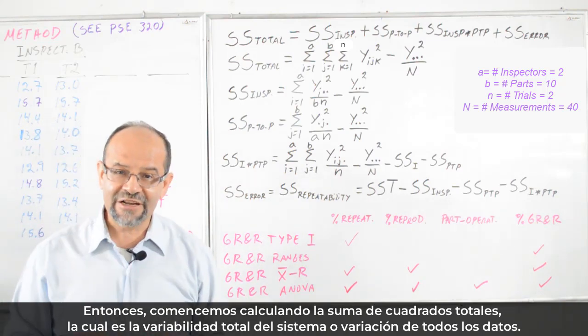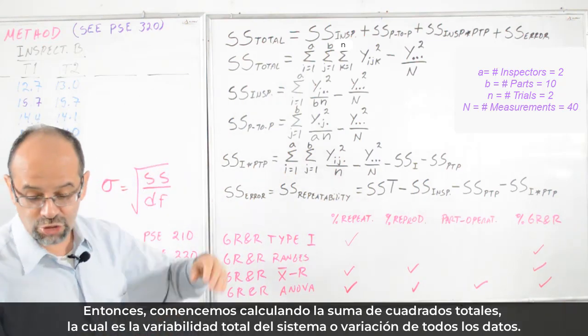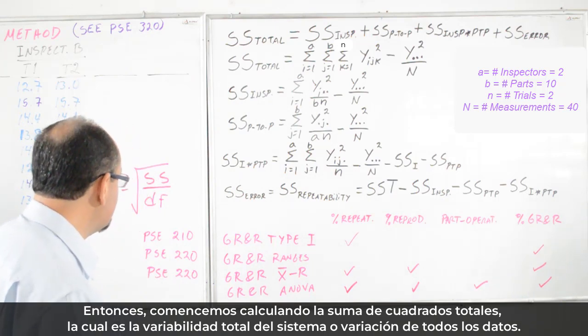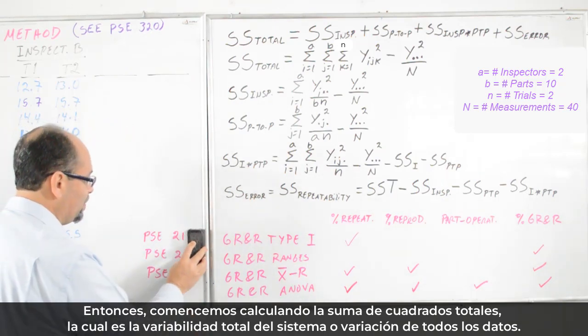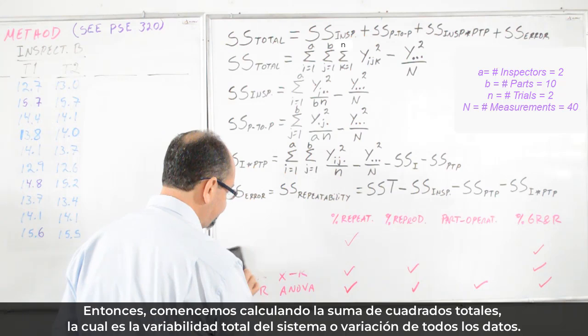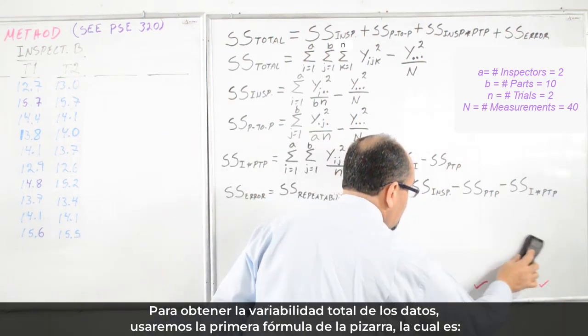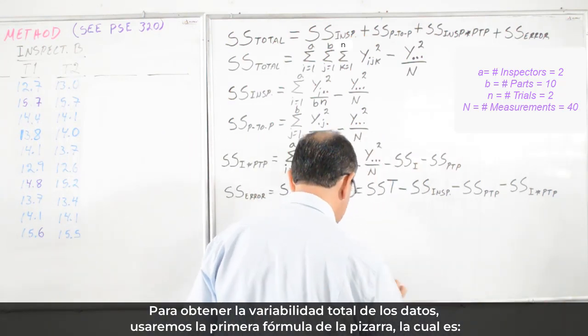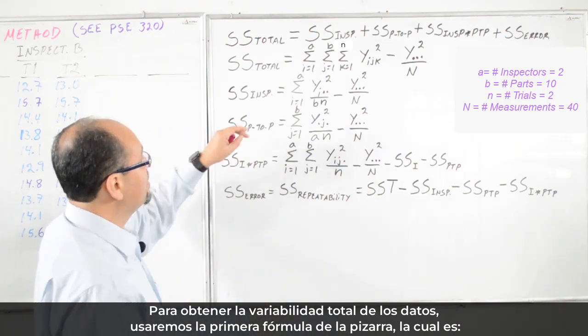Well, let's start calculating the sum of squares total, which is the total variability of the system, the total variability of the whole data. To get it, we have this formula.